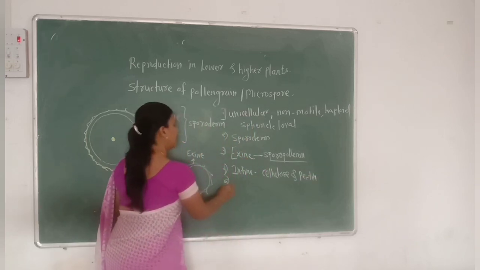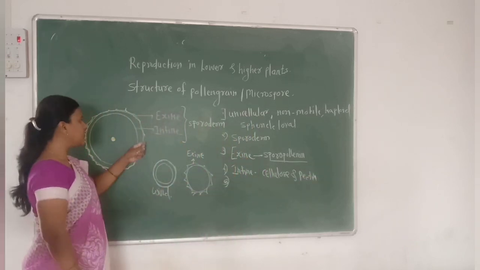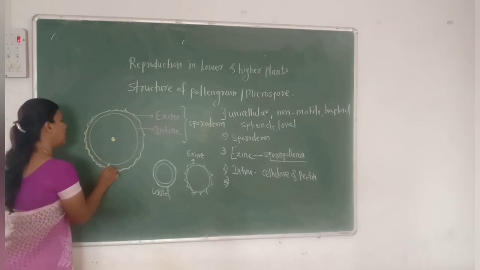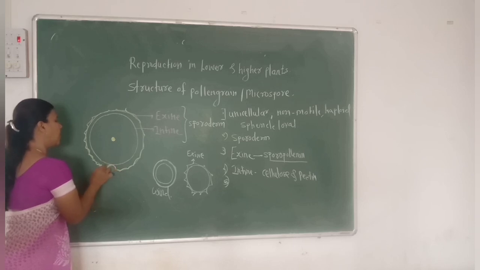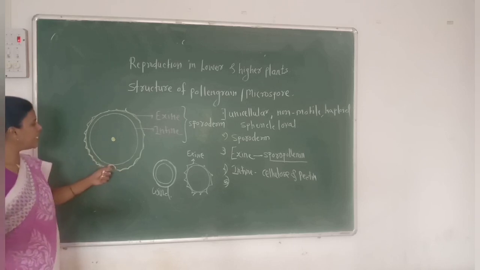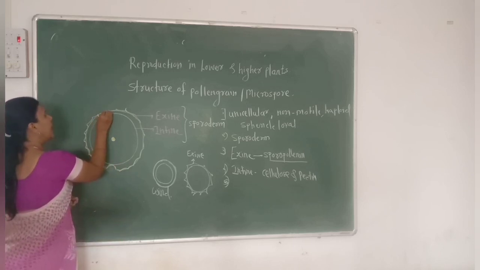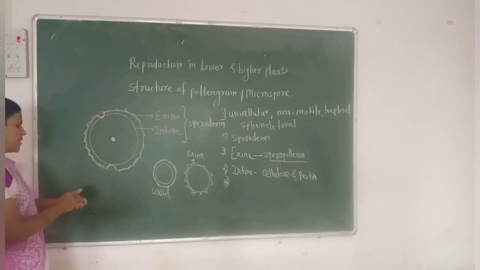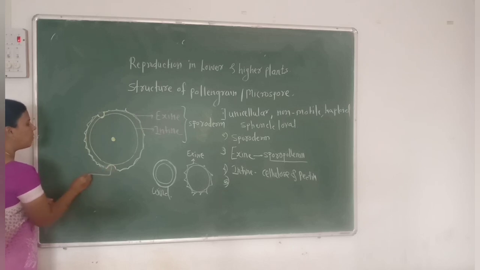Then fifth point is exine. This exine forms a thin wall at some places, or exine is interrupted at some points, or it remains thin walled at some points to form a small pore-like structure. That pore-like structure is called a germ pore.